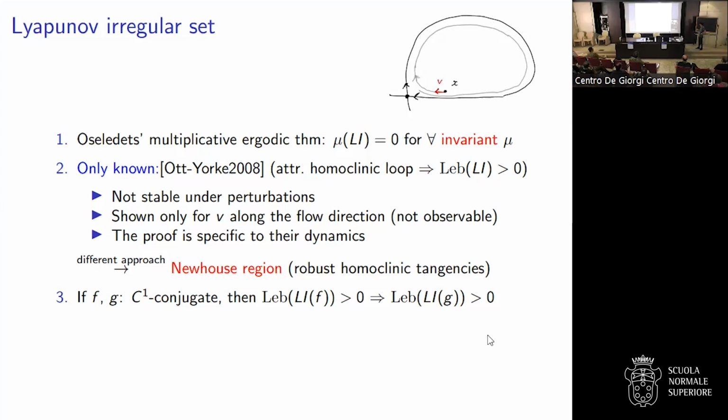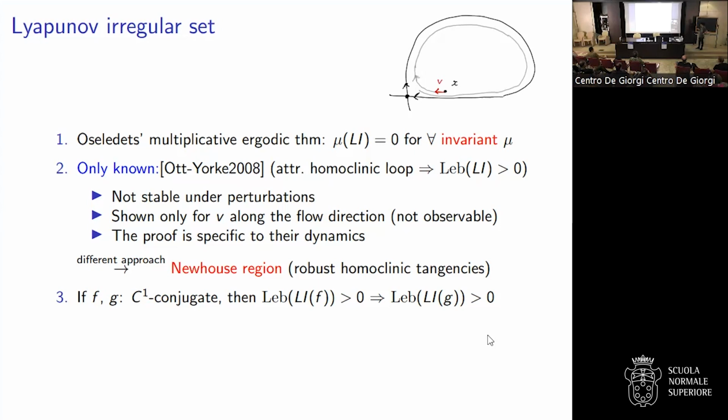The only known result about the question is the work by Ott and Yorke. They consider such a surface flow. There is a saddle point, and it is homoclinically related by a homoclinic loop. And this is dissipative.